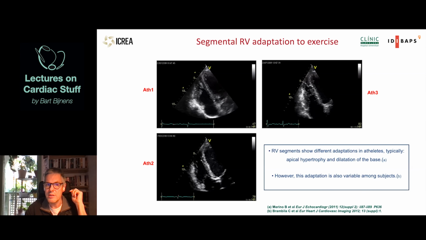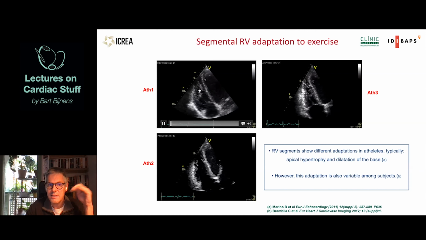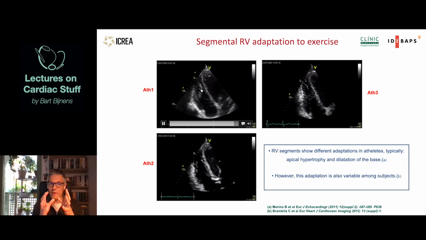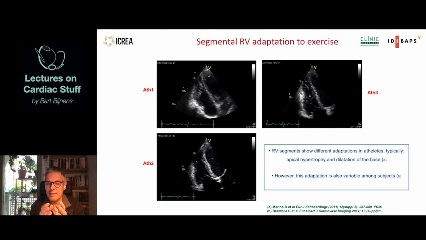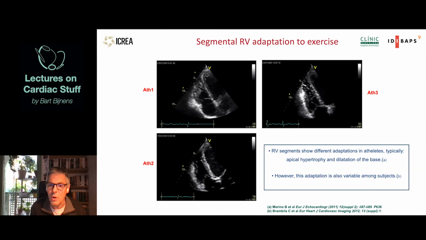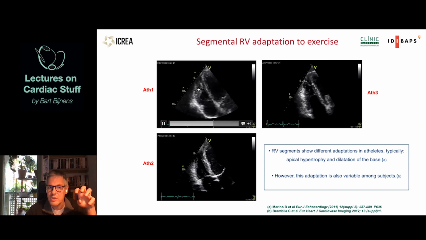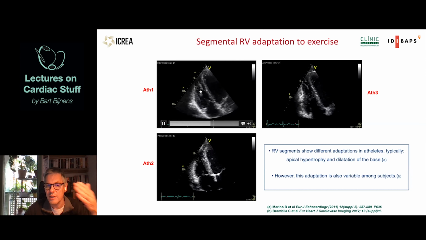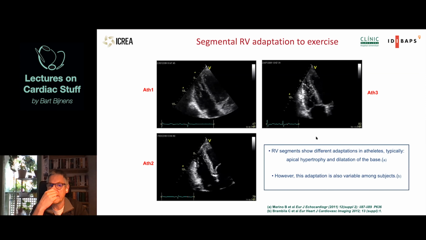And you can already imagine that if this is normal tissue, which is likely the case, this is probably not damaged tissue, but even if it's normal tissue that can contract, at the moment that it starts to contract, there's nothing to eject there. So there's almost nothing that it can contribute to the ejection. So you see that a lot of perfectly normal tissue in some ways cannot be recruited in order to increase the cardiac output. And this seems to be also very individual dependent.